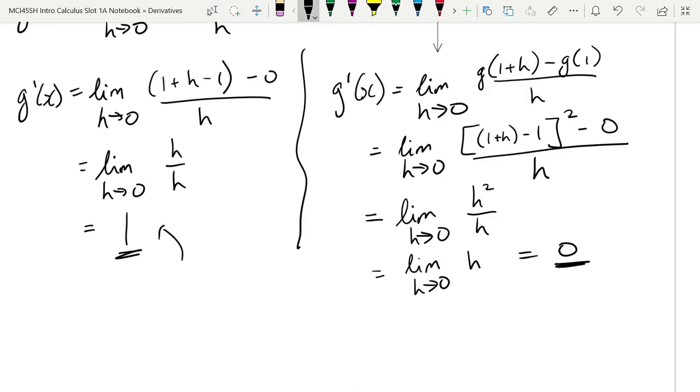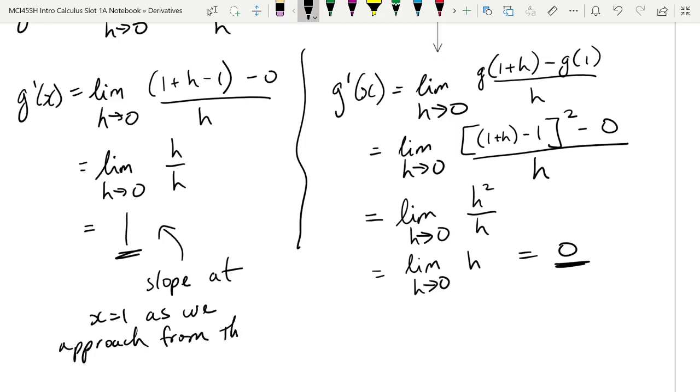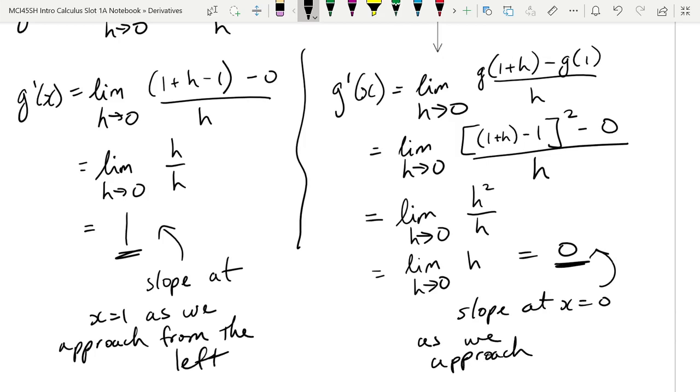So this, just to show you, is the slope at x equals 1 as we approach from the left. And this is the slope at x equals 1 as we approach from the right.